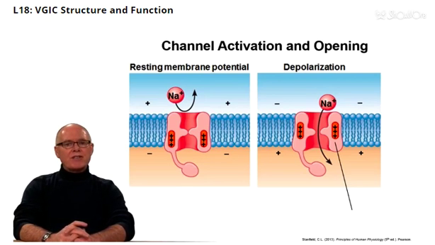Remember that the majority of excitable cells have a resting membrane potential of approximately -70 to -90 millivolts. And at the resting membrane potential, there's an overall net balance of only a few channels activated and open, allowing for the maintenance of this membrane potential.